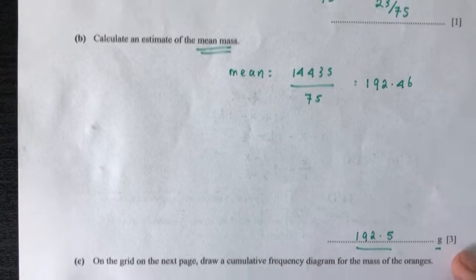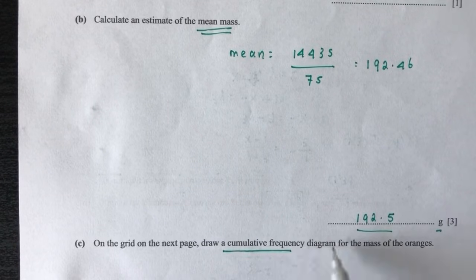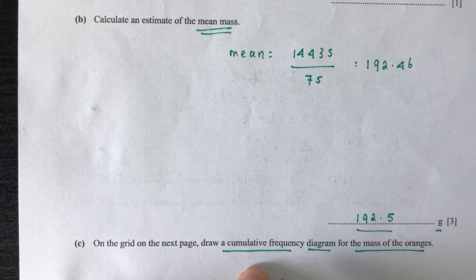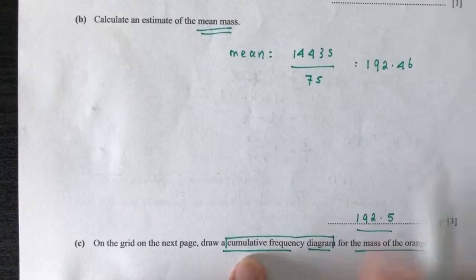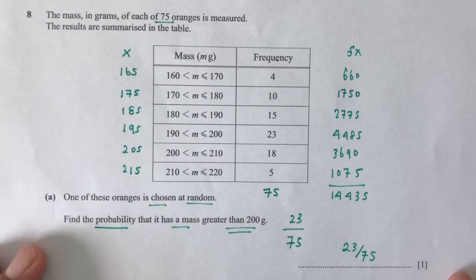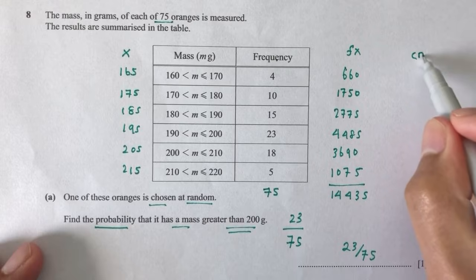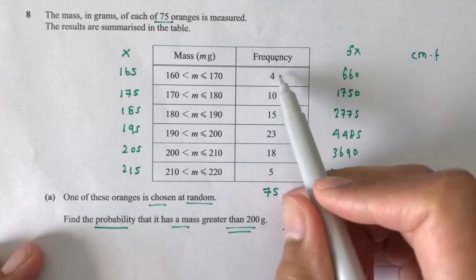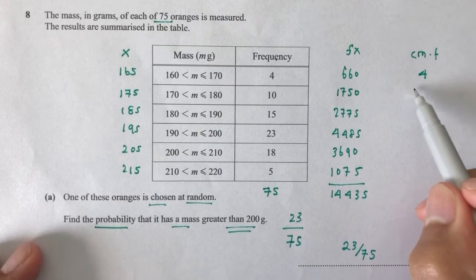So now in part C, on the grid on the next page, draw a cumulative frequency diagram for the mass of the oranges. So if you want to draw this graph, you have to first find this. So what is the cumulative frequency of this graph? Cumulative frequency. So the first one is 4, and then we have to do 4 plus 10 is 14.